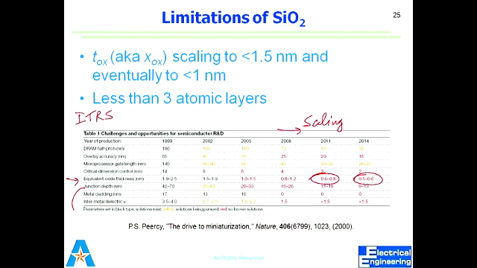In order to grow a thin layer we decrease the pressure. At low pressure we try to control it, but still we cannot go beyond 1.5 nanometer. And as the scaling chart says, after 2014 we should have a 0.6 nanometer thick layer of oxide.